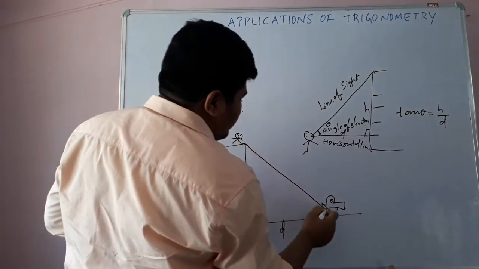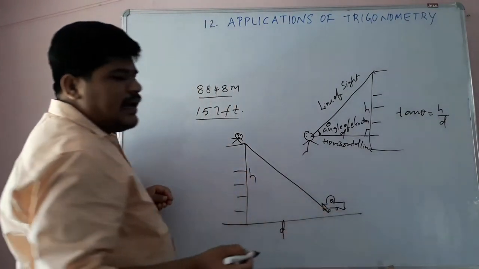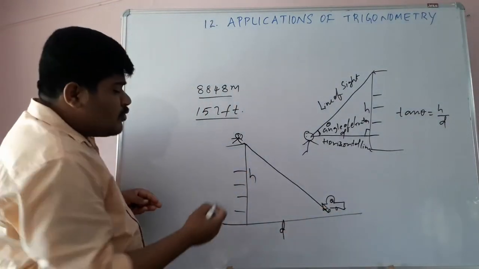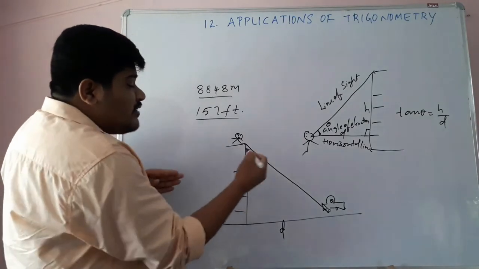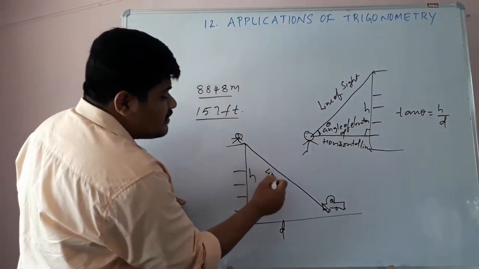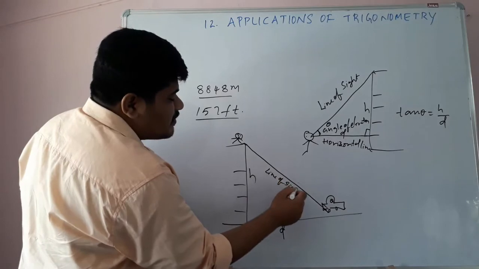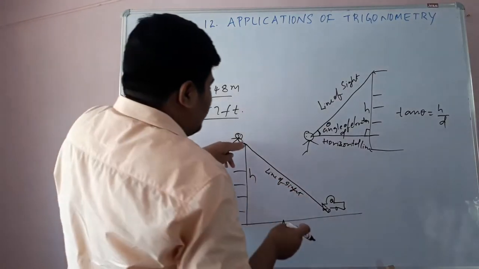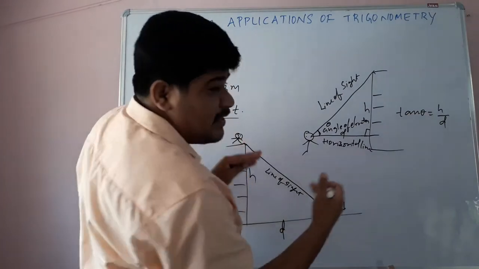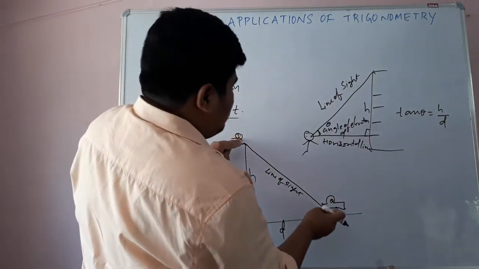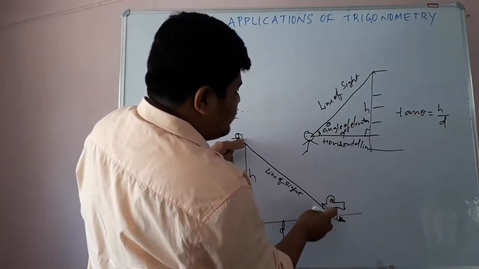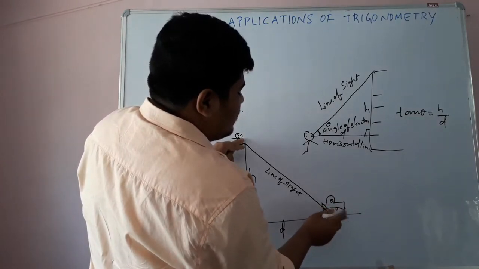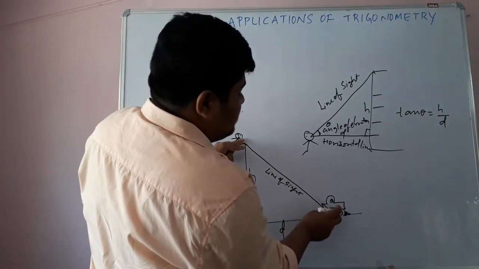He is observing here. Now here, this is the line of sight, the imaginary line joining the observer's eyes to the base of this object.